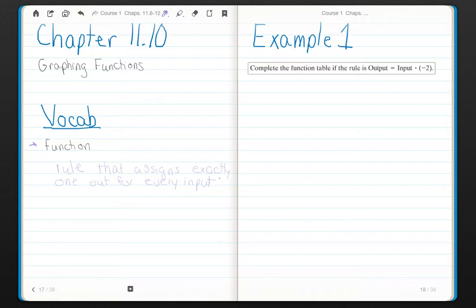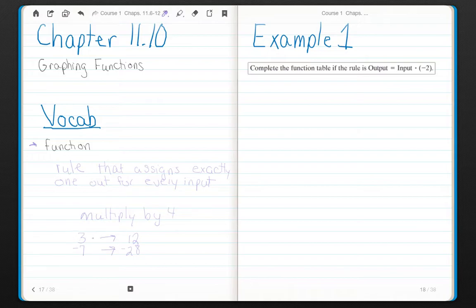Okay, so what does that mean? That means if I tell a machine, for example, to multiply every number by 4, and I give it the numbers 3 and -7, according to this rule my output will be 3 times 4, or 12, and -7 times 4, or -28.